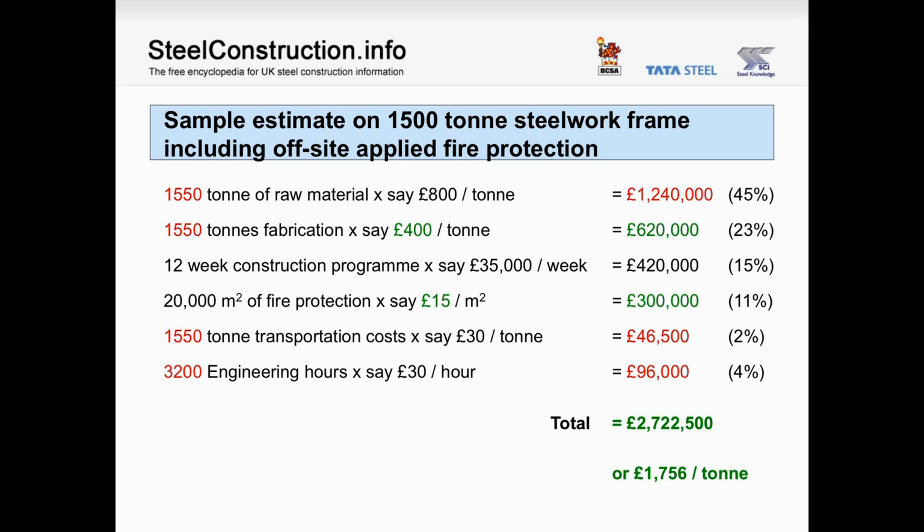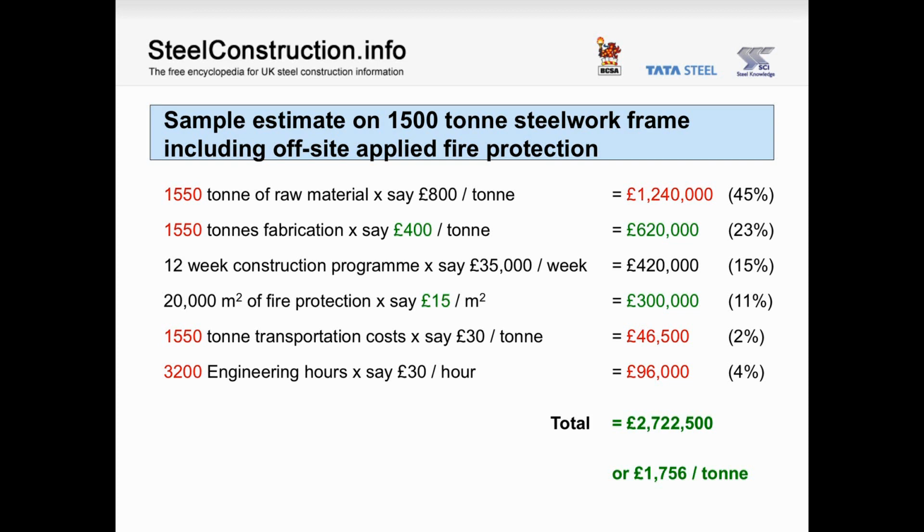The erection programme remains unchanged, contributing £420,000, but through increasing the weight of sections, we can adopt a single coat intumescent system rather than the multiple coat system originally required. Our application rate has therefore reduced, giving the contribution of £300,000 rather than £440,000.